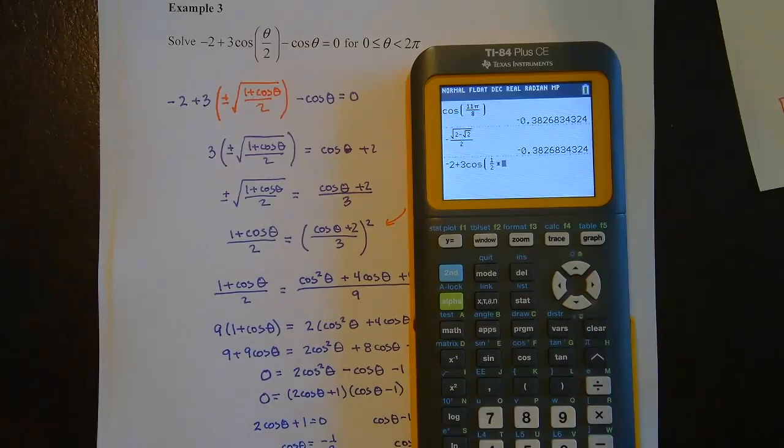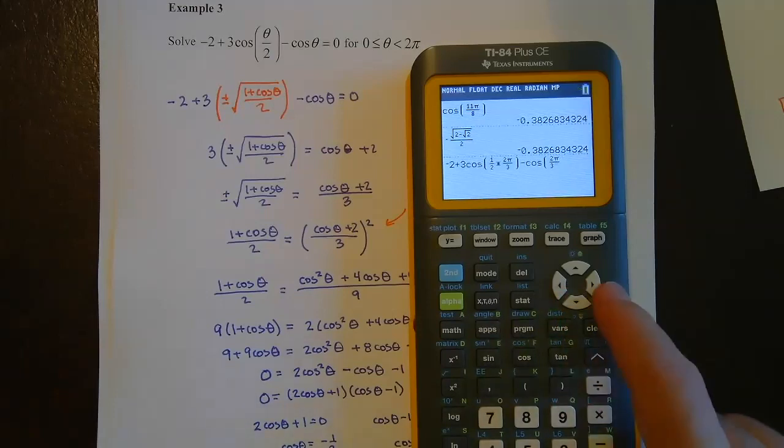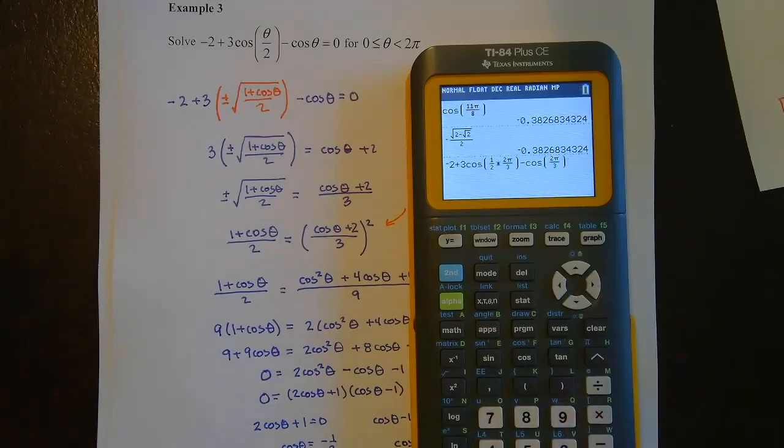Times, and then let's try 2 pi over 3. Because that'd be 2 pi over 3 divided by 2. And then minus cosine of 2 pi over 3. And if this works, we'll get 0. And it does. Okay, so 2 pi over 3 is one of our answers, okay?